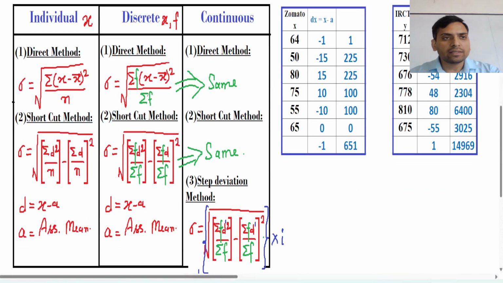So we will apply this formula to find standard deviation and variance.